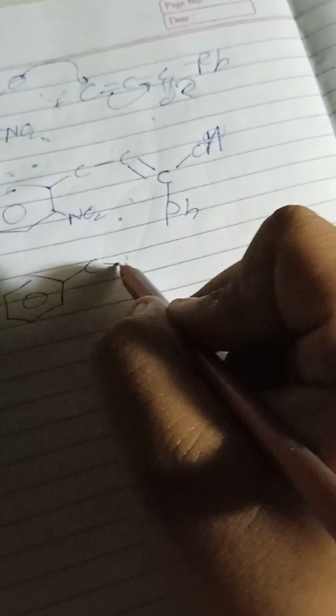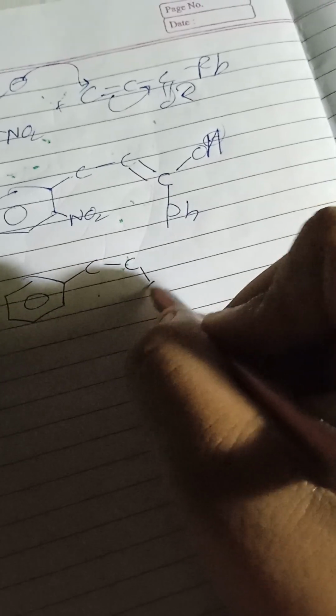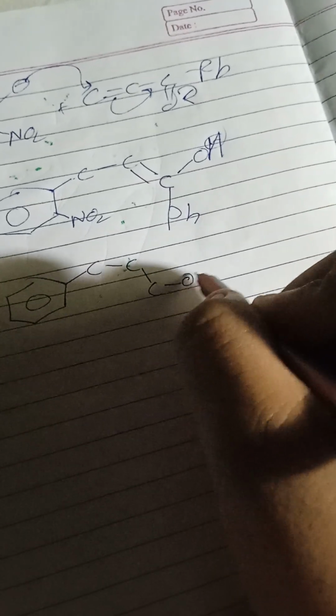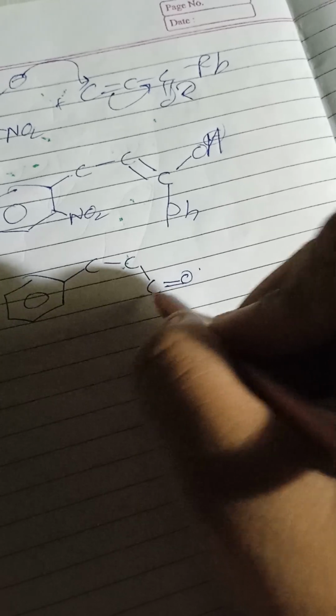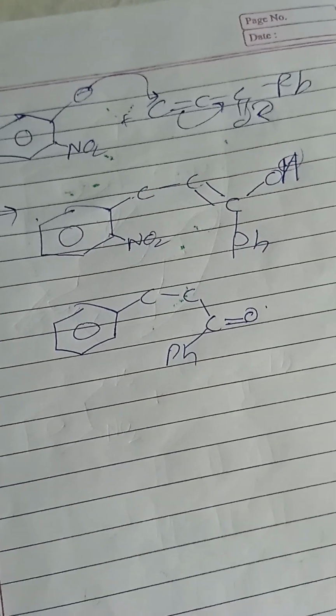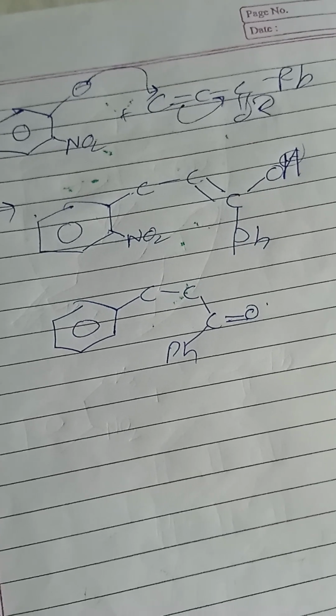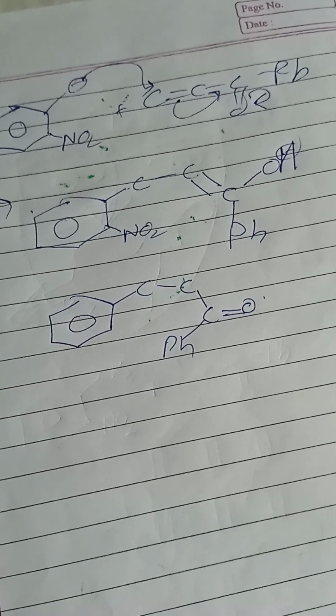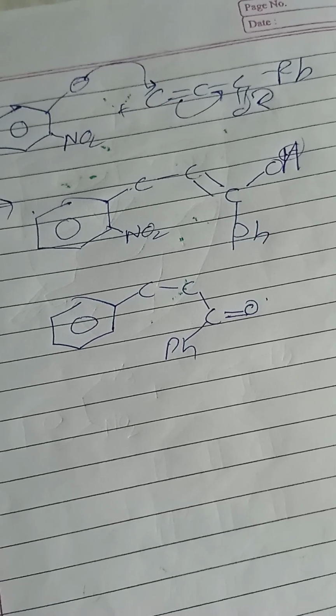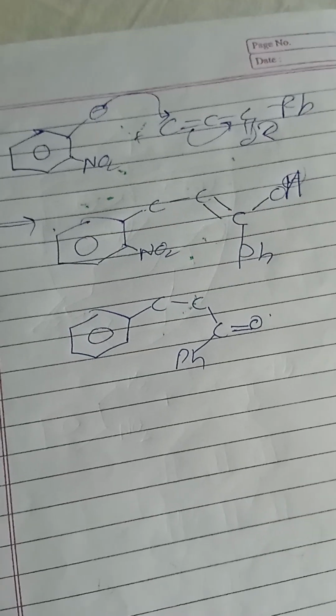And from the flying H plus it will catch H plus and we will get this, and we will get one more ketone again. I hope what I have done is correct. I think it is.